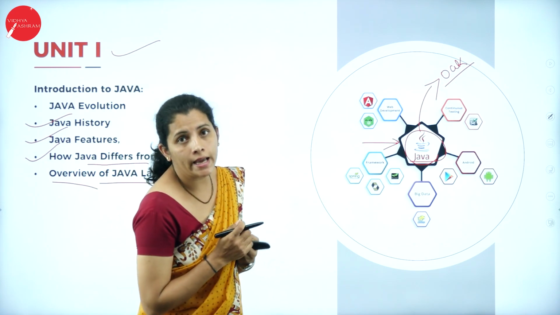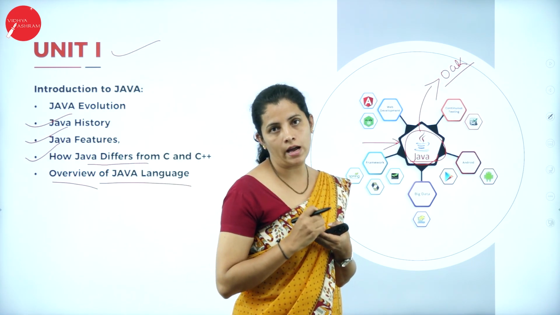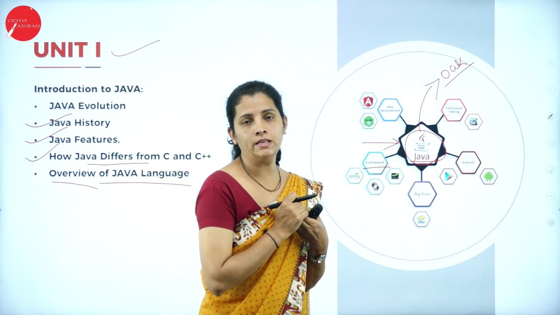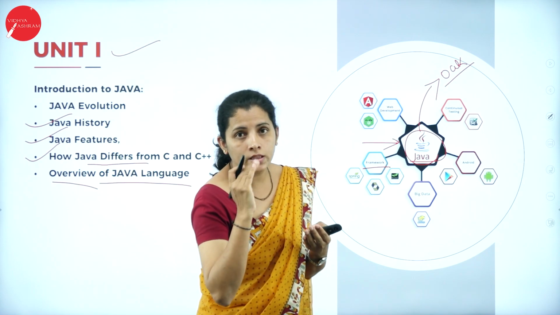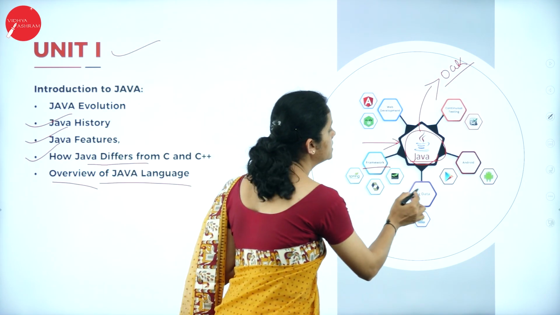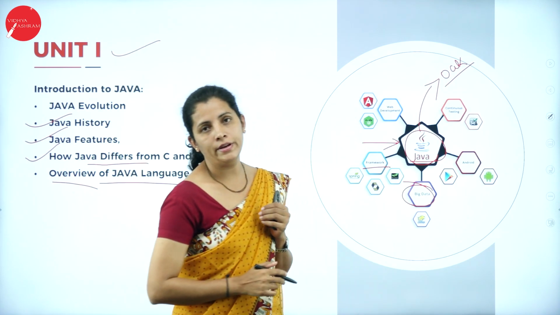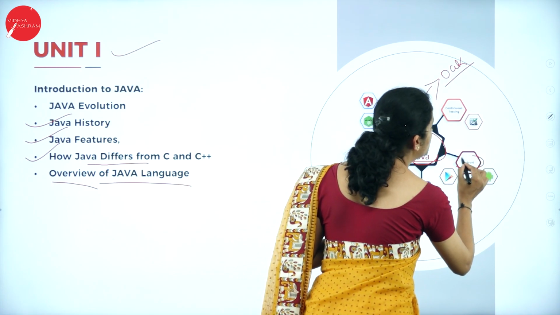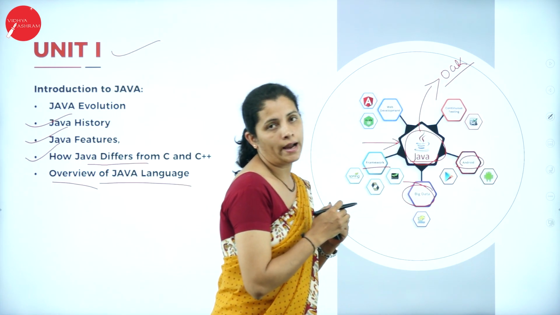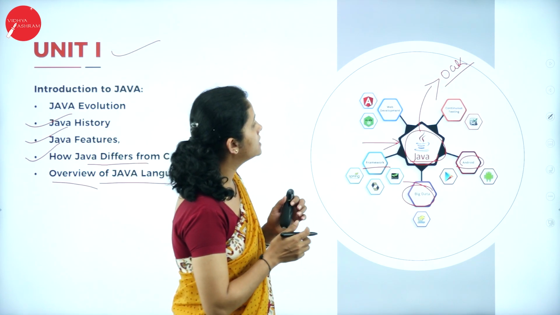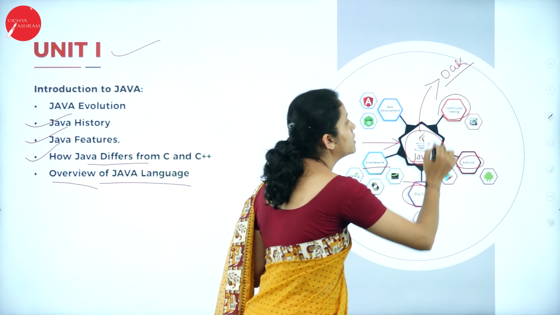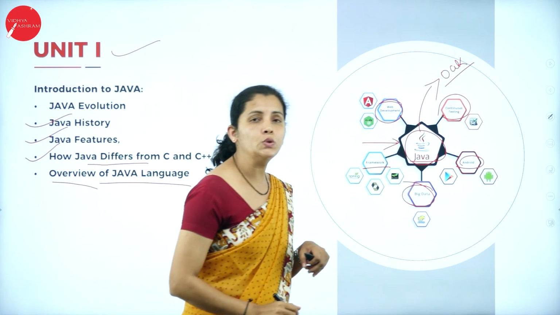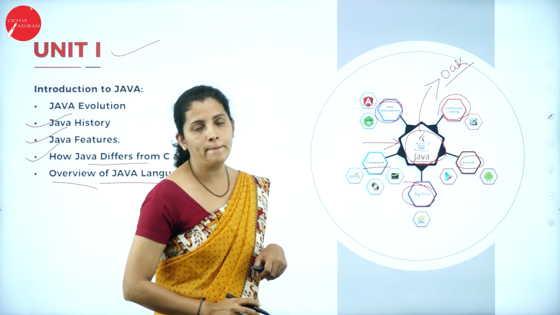Then where can we use the Java language? That is in the field of frameworks. That means Java comes with frameworks, and it is also used in the field of big data. Along with that, Java is also used in the field of Android programming, as well as for continuous testing, and in the field of web development.